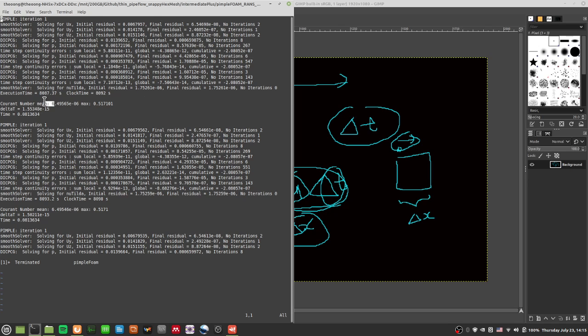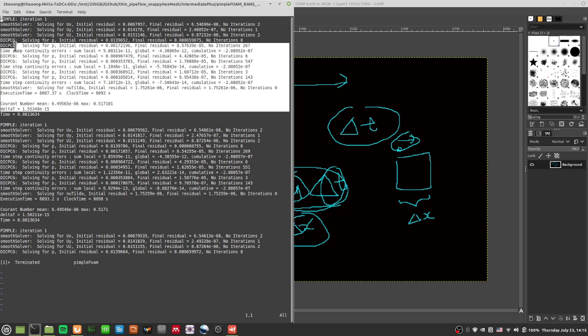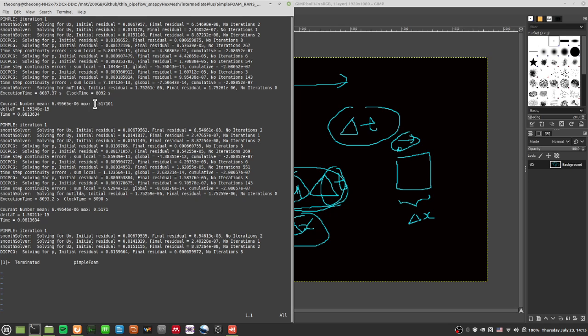OpenFOAM tries to keep the maximum Courant number at 0.5. But I see your delta t is actually 1.55 times 10 to the minus 15. That is very, very small. And OpenFOAM is trying to reduce this time step even further, to reduce the Courant number to about 0.5.